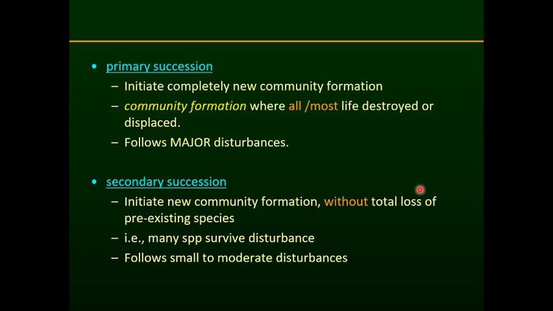So after the disturbance, the hurricane, there are still plants and animals in the ecosystem. You're not starting from scratch as you rebuild that community, that ecosystem. And so that's an example of secondary succession.